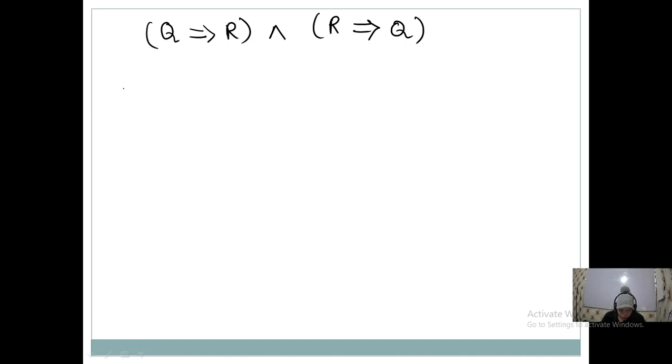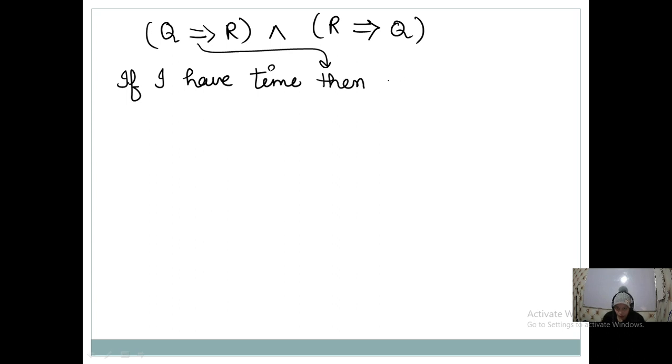Here we can say that Q represents I have time, if I have time, this represents then I will go to market, and this symbol represents and.